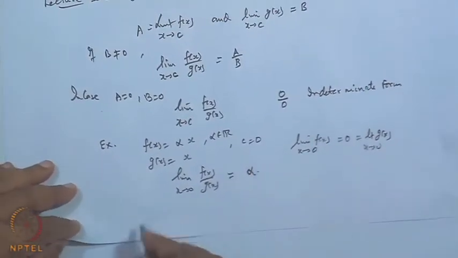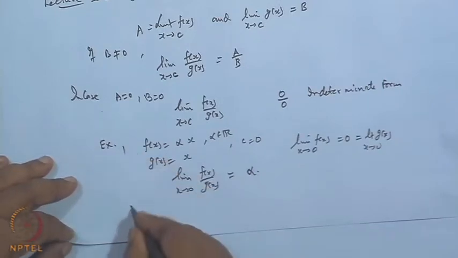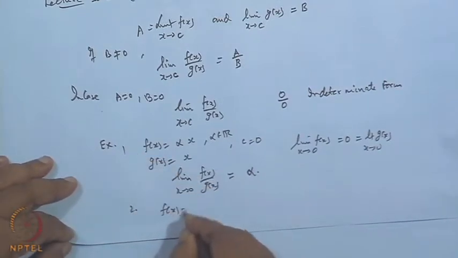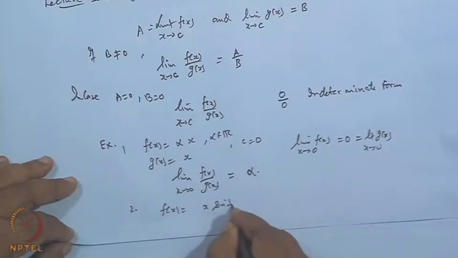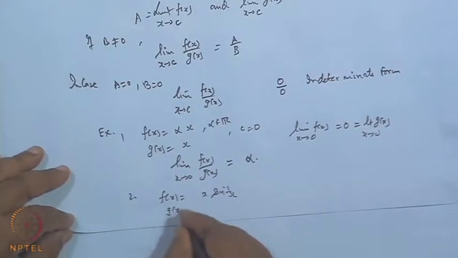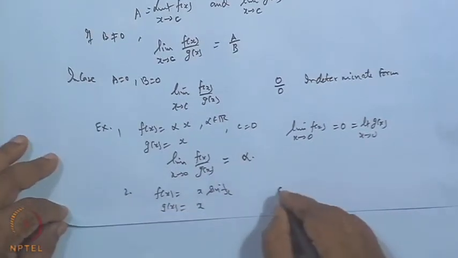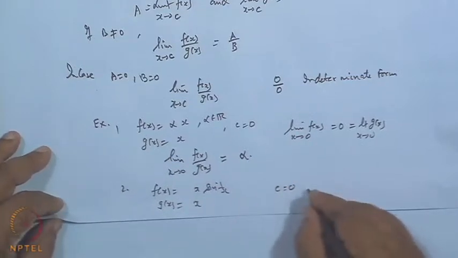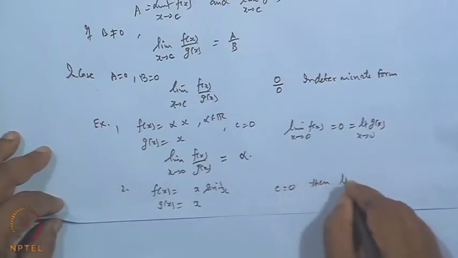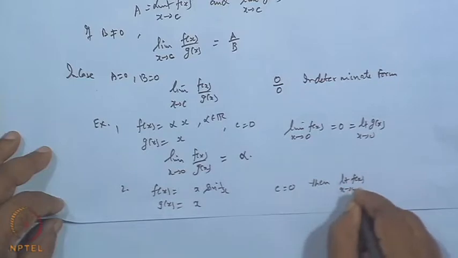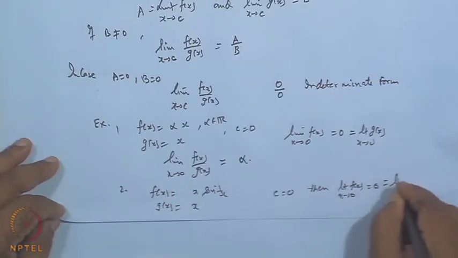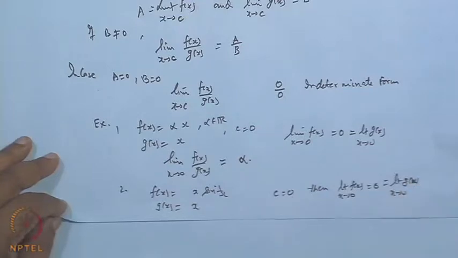Say, for example, a limit that does not exist. Suppose I take another one, f(x) equal to x sin(1/x) and g(x) equal to x. If I take c equal to 0, then the limit of f(x) as x tends to 0 is 0, and the limit of g(x) as x tends to 0 is also 0.